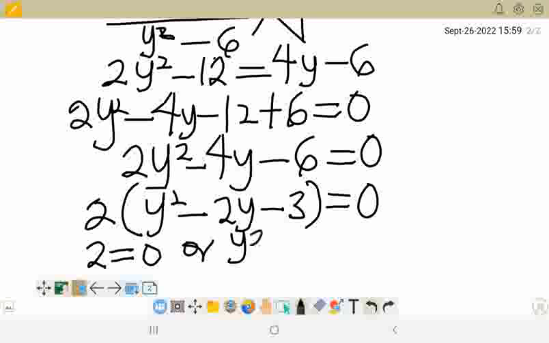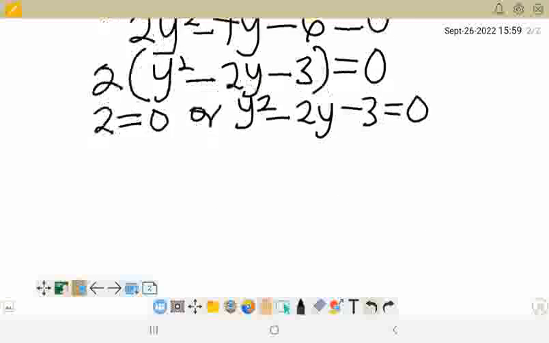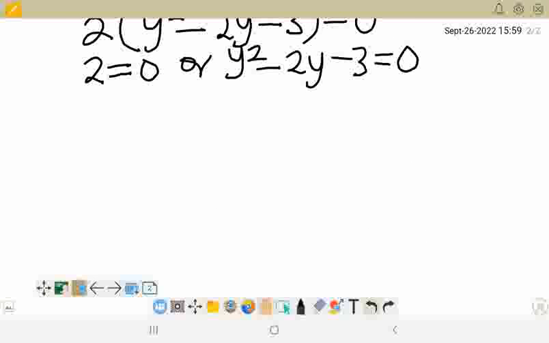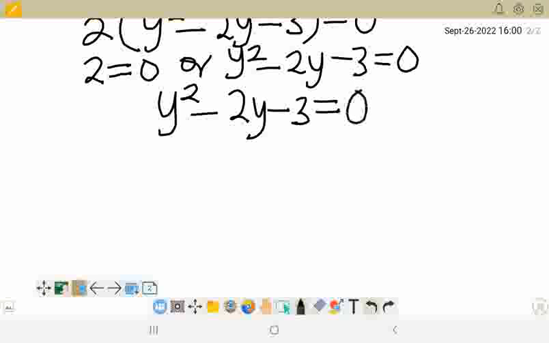We use y squared minus 2y minus 3 equals 0. This is a quadratic expression, so we will need to factorize.